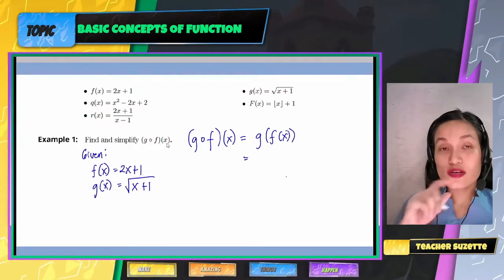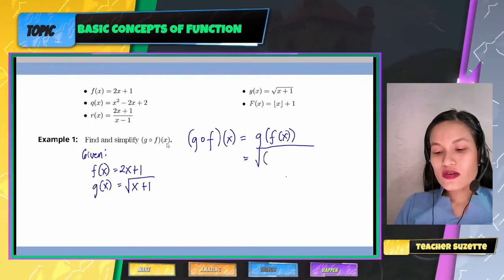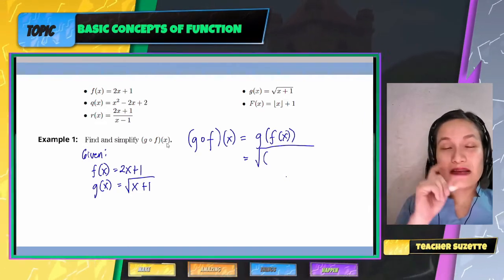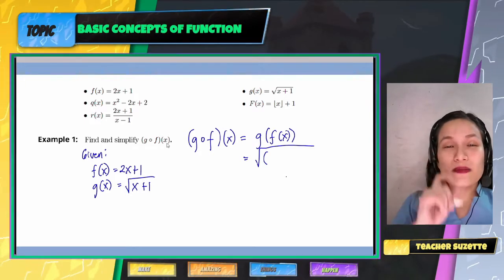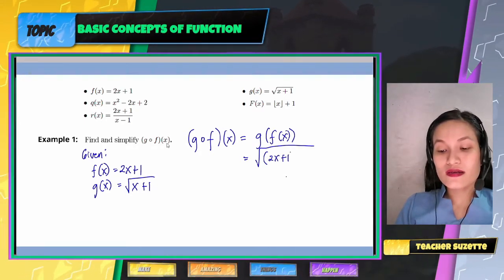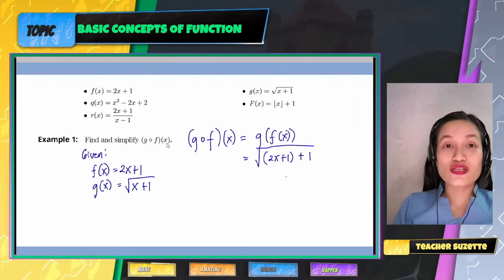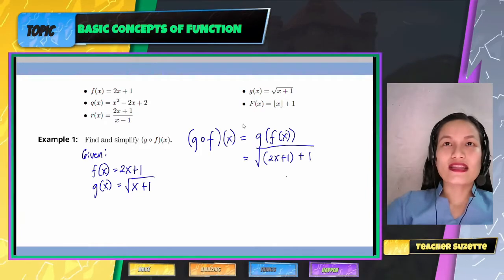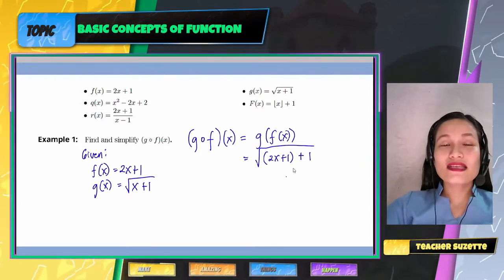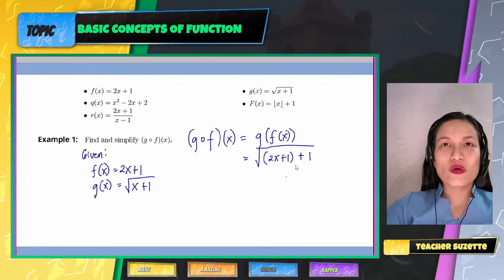So g of x is our outer function, that is the square root of, open and close parentheses, and we replace x with f of x, which is 2x plus 1. Then we copy the plus 1 from the original g of x. Then we simplify by removing the parentheses around 2x plus 1.